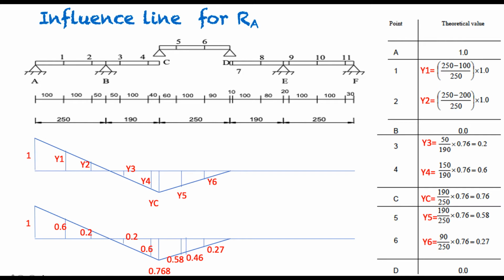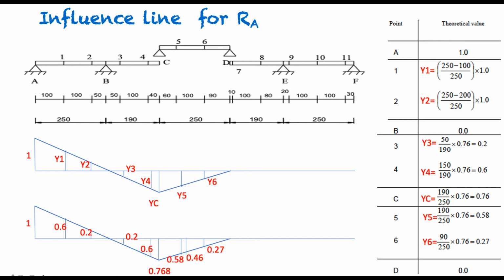So as we have seen earlier, for RA we put the 1 unit load at support A. You can see this in the diagram, the 1 unit, and then it will deflect up 1 unit, and it will deflect linearly to 0 at B. Then since C is overhanging, it will also deflect, with YC.